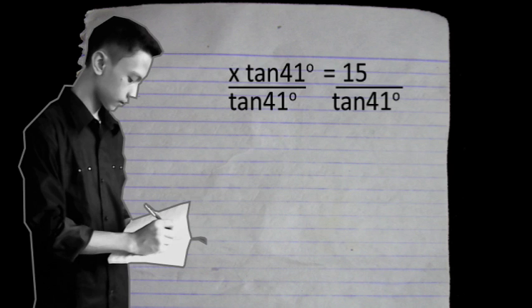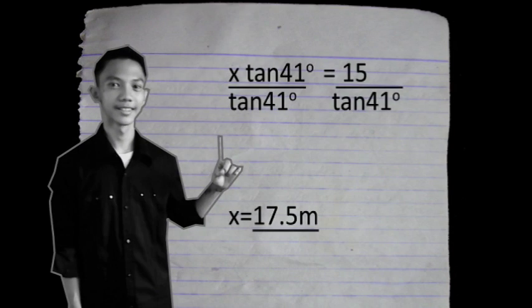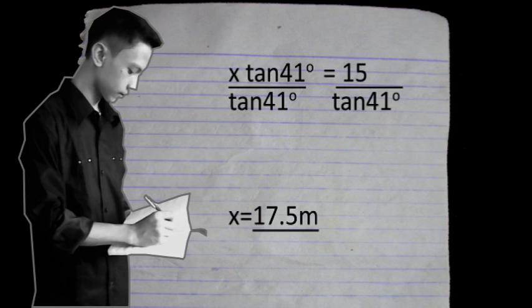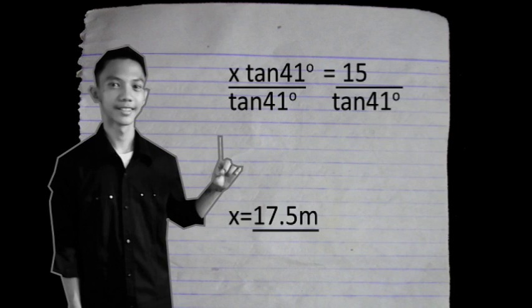So 15.24 meters over tangent 41 degrees is equal to 17.5 meters. Back to our question: how far is the observer from the base of the tower? Therefore, I conclude that the distance of the observer from the base of the tower is 17.5 meters.